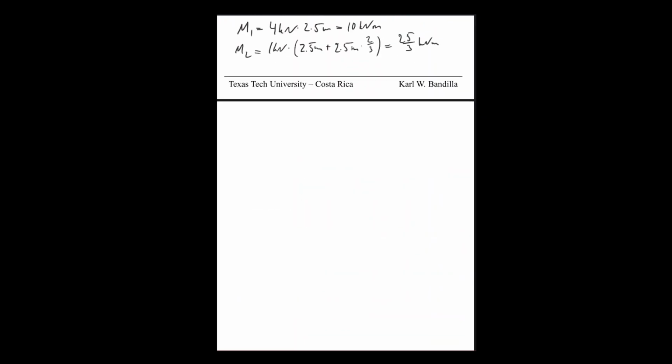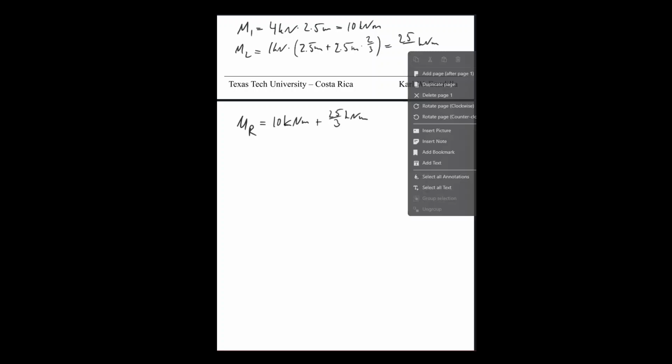So then my total MR would be 10 kilonewton meters plus 25 over 3 kilonewton meters. Somewhere I have a mistake here. 25 over 6, I'm sorry, 25 over 6, not over 3.